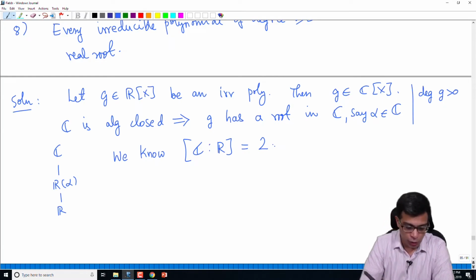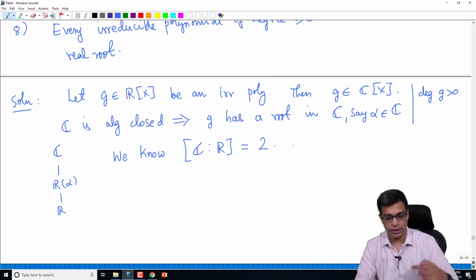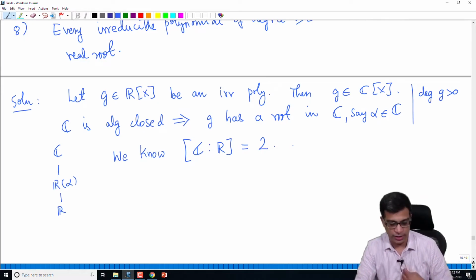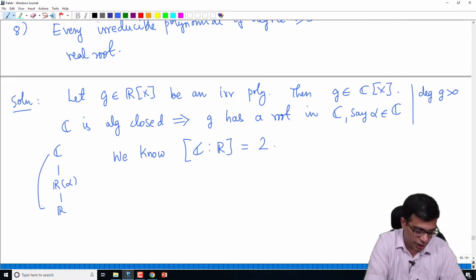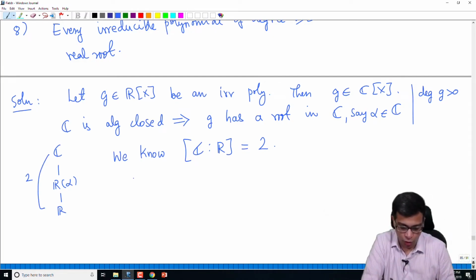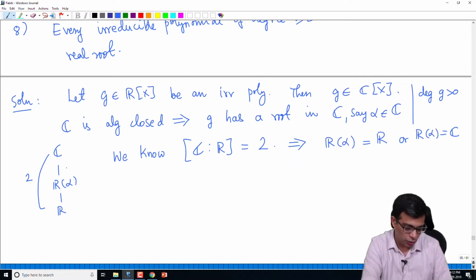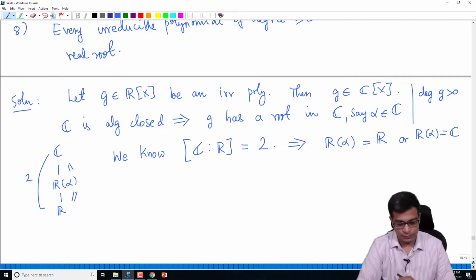So remember an exercise that I did in the last video. Of course, that exercise is not needed here, but it's a good chance to recall it: if you have an extension of prime degree, there are no proper intermediate fields. So R(alpha) is equal to R or R(alpha) is equal to C.